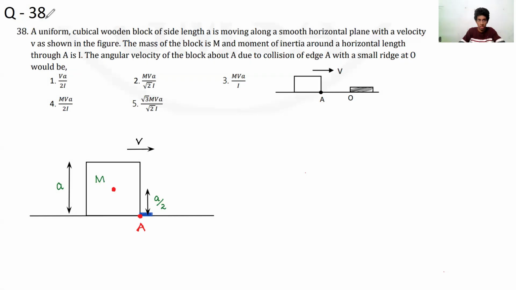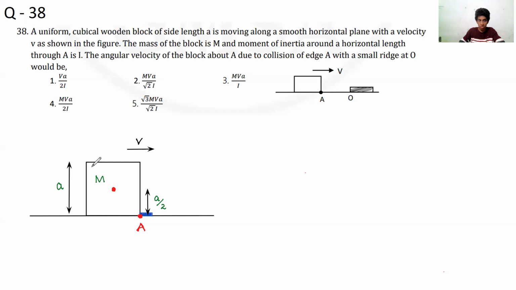Question number 38. A uniform cubical wooden block of side length A is moving along a smooth horizontal plane with a velocity v as shown in the figure. The mass of the block is m and the moment of inertia around a horizontal edge through A is I. The angular velocity of the block about A due to collision of edge A with a small ridge at O would be?